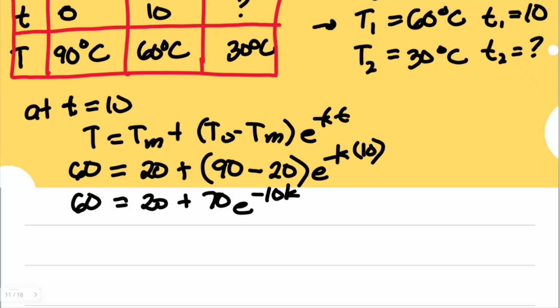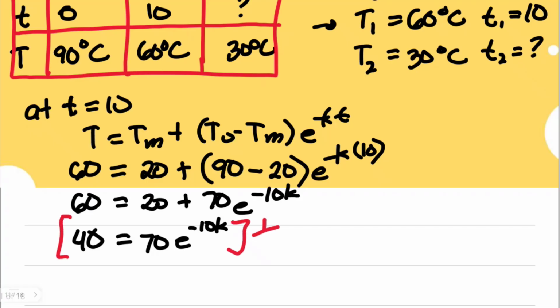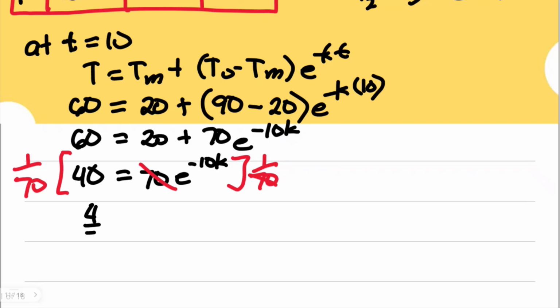I'm going to subtract both sides by 20. I have 40 is equal to 70 e to the power of negative 10k. And I'm going to multiply both sides by 1 over 70 to cancel this. In simplified form, that's 4/7 is equal to e to the power of negative 10k.